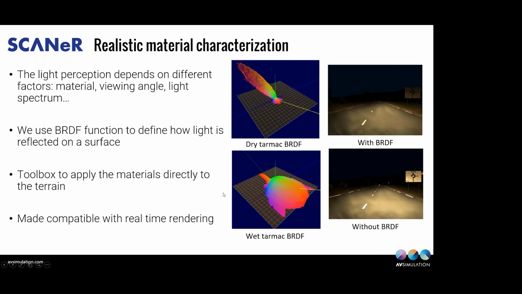And here we have the representation of a wet tarmac in terms of color rendering. So you see these are quite different, and we're able to incorporate this difference into the environment itself in order to have the best headlamps simulation possible.